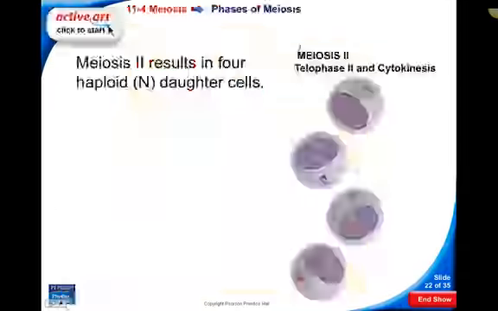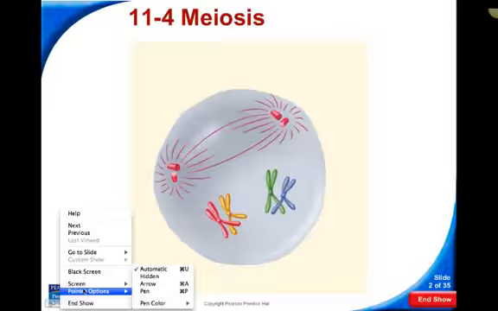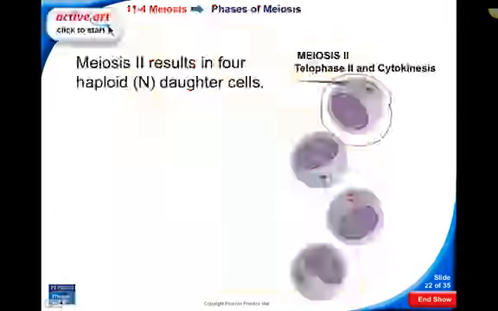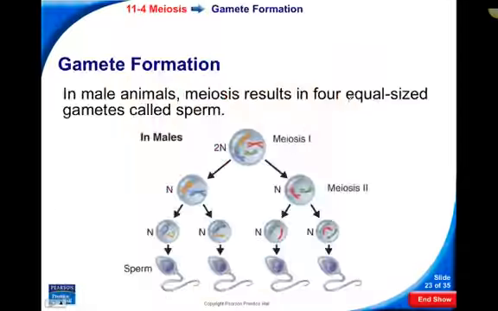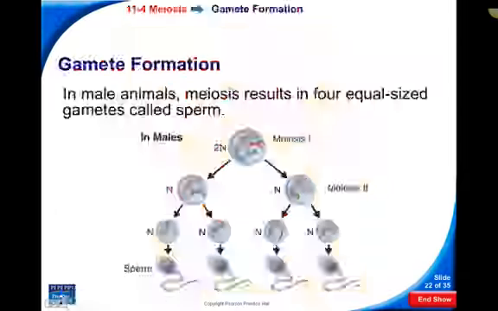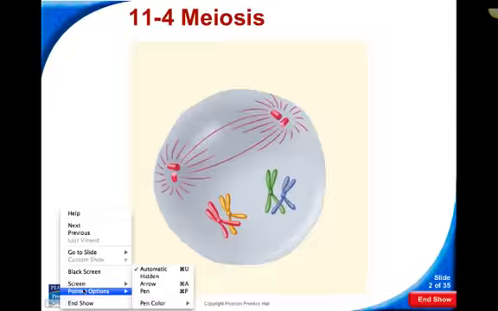Okay, so now after telophase, we now have 4 cells, each with 1 chromosome. So here let's go over meiosis 1.